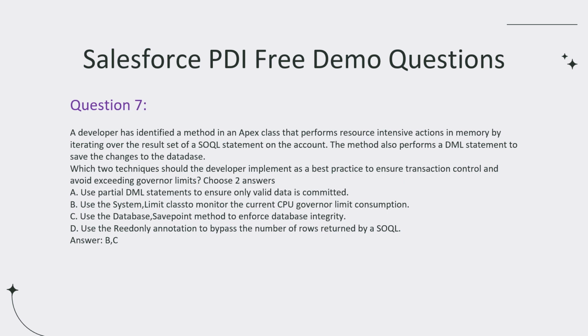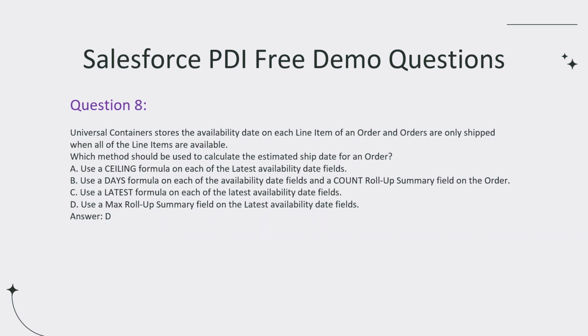B. Use the System Limits class to monitor the current CPU governor limit consumption. C. Use the Database.setSavepoint method to enforce database integrity. D. Use the ReadOnly annotation to bypass the number of rows returned by SOQL. Answer: B, C.